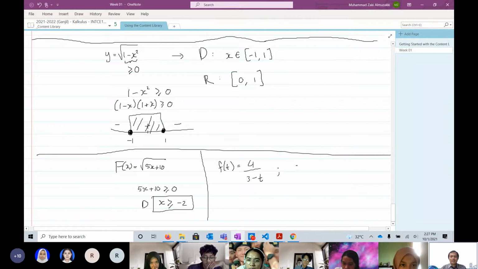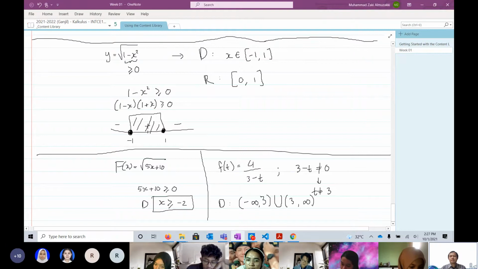So basically, 3 minus t cannot be equal to 0, meaning that t cannot be equal to 3. So the domain is from negative infinity until 3, but 3 is not included, union 3 to positive infinity.